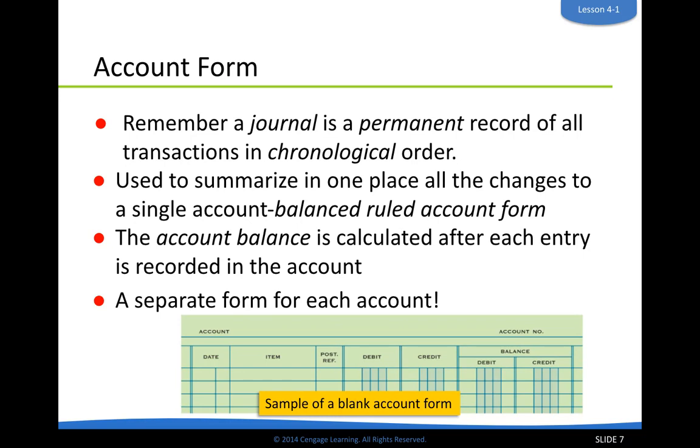So that is the third bullet point. And the account balance is calculated after each entry is recorded in the account. That is the whole goal of these account forms. Balance ruled account forms. We have a separate account form for each account. So we have a separate one for cash, a separate one for supplies, etc., etc.